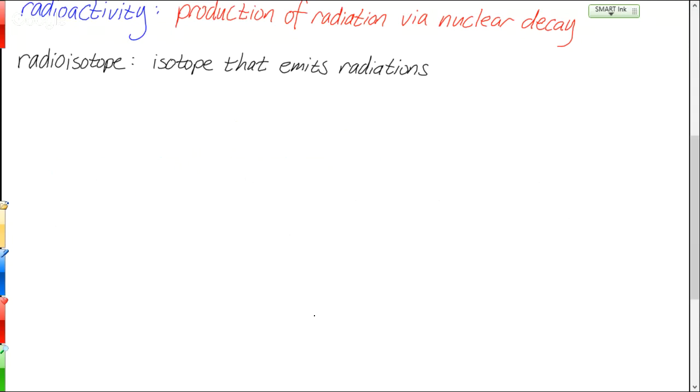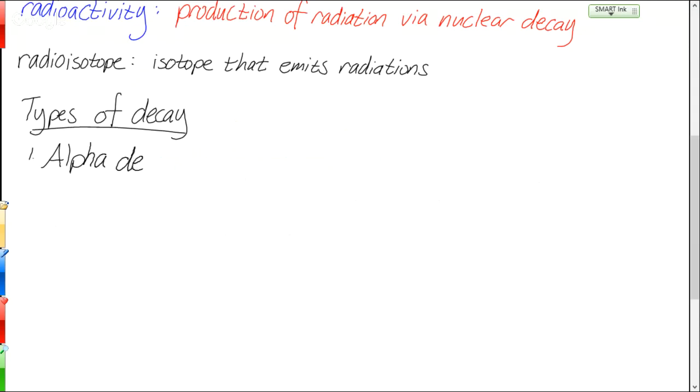All right, so the first type of decay that we're going to look at is called alpha decay. These particles are named as such because when they were discovered, nobody knew what they were for a long time.